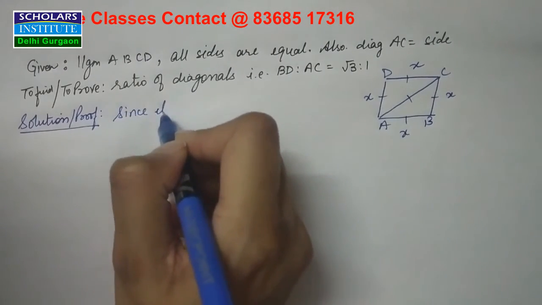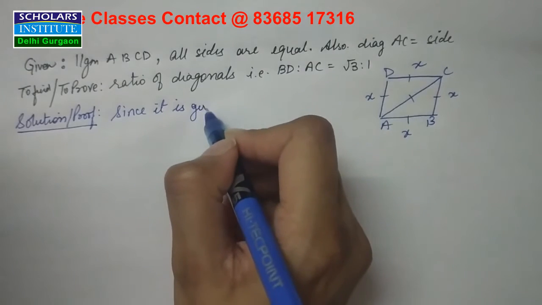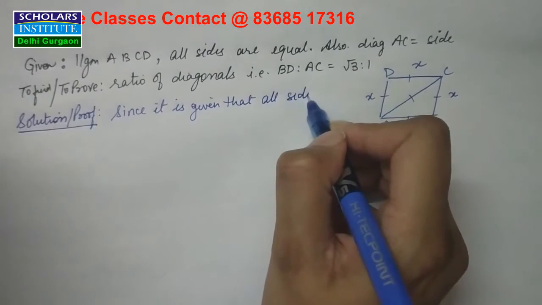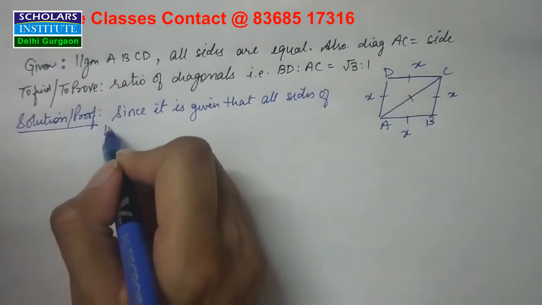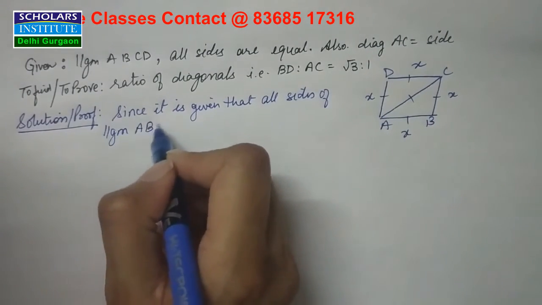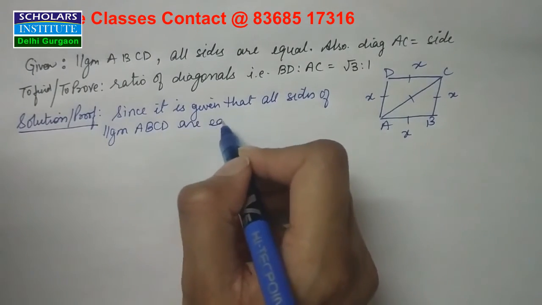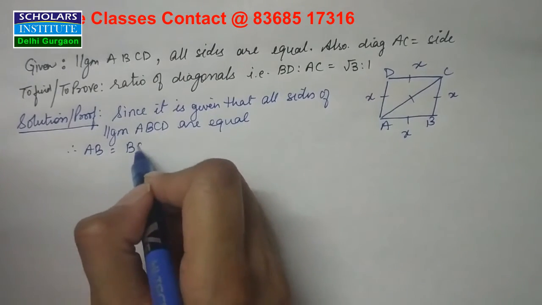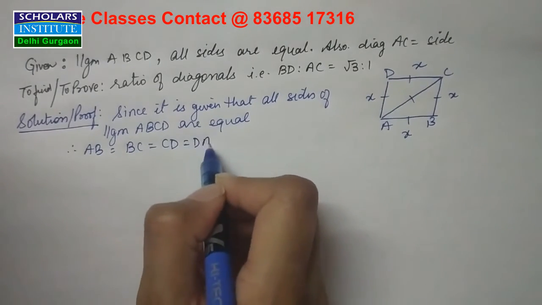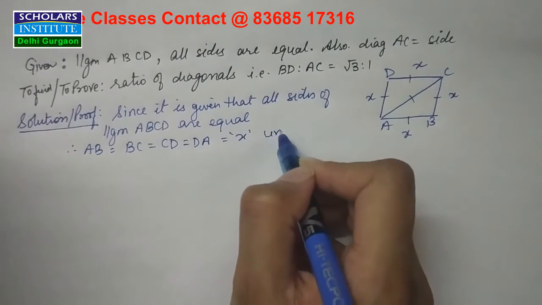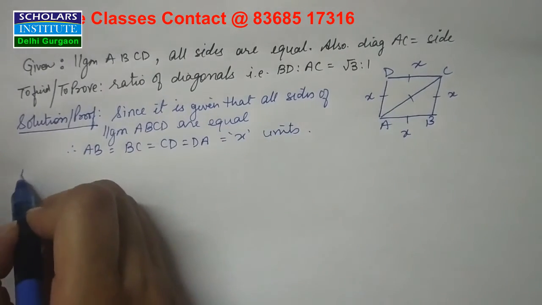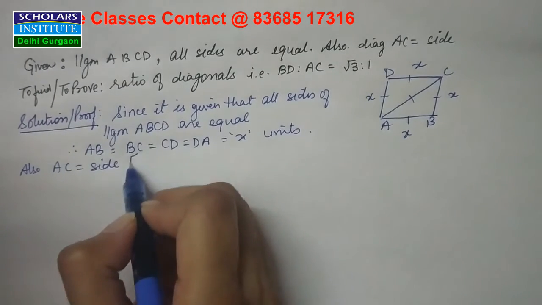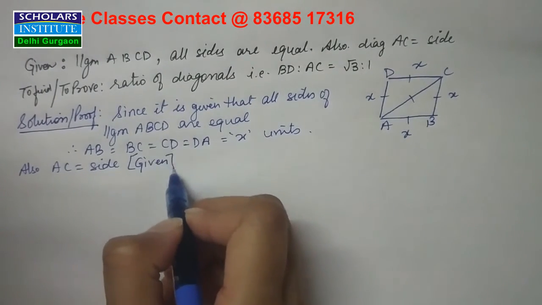Since it is given that all sides of parallelogram ABCD are equal, therefore AB is equal to BC is equal to CD is equal to DA. Let all be equal to x units. Also, AC is equal to side. This is also given to us.